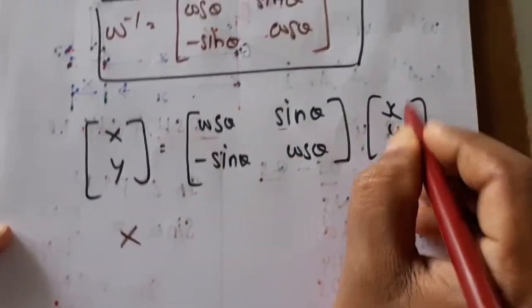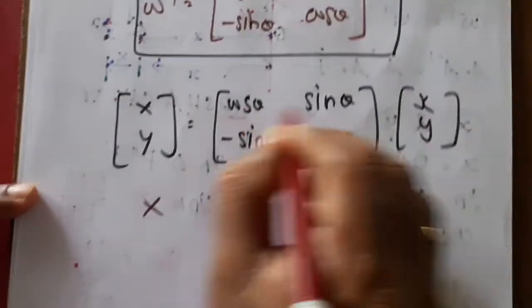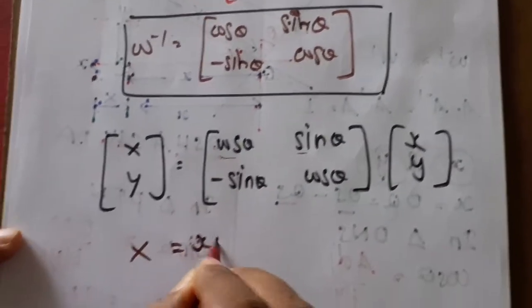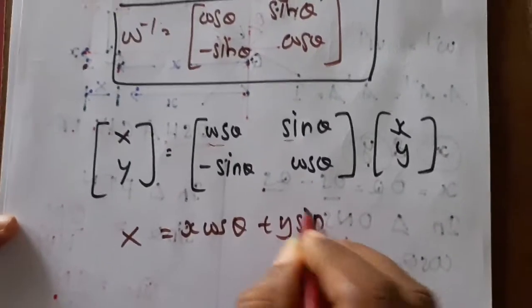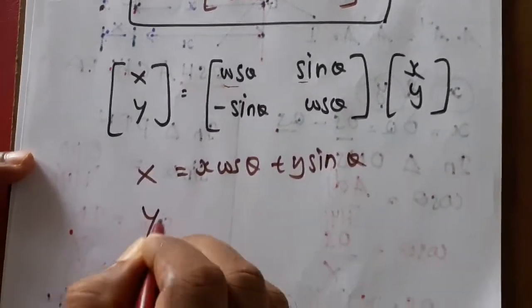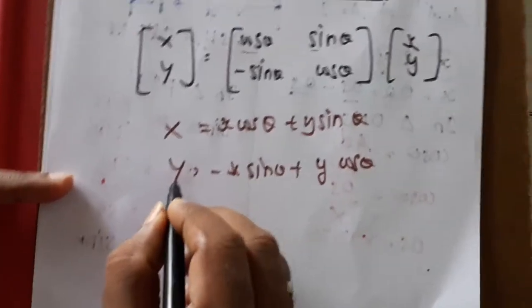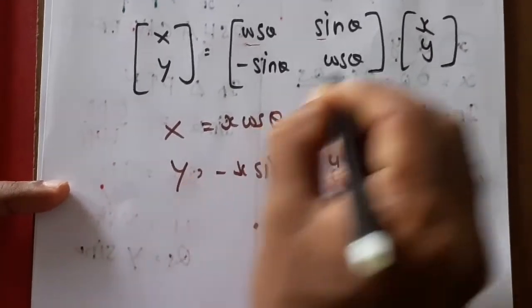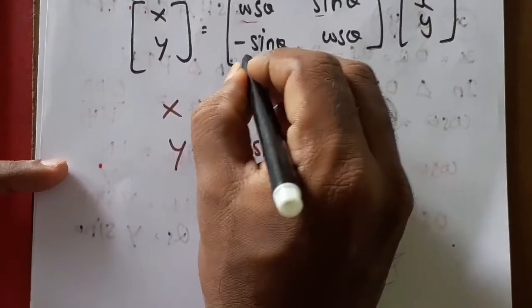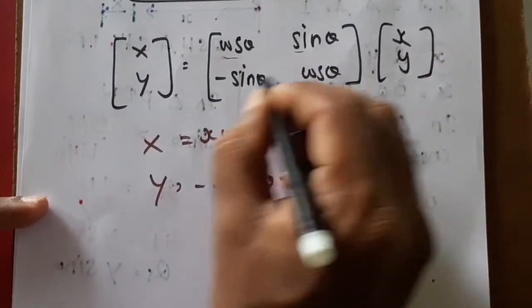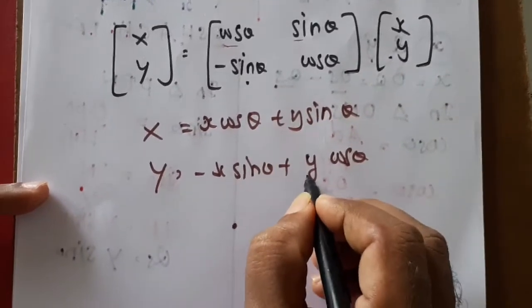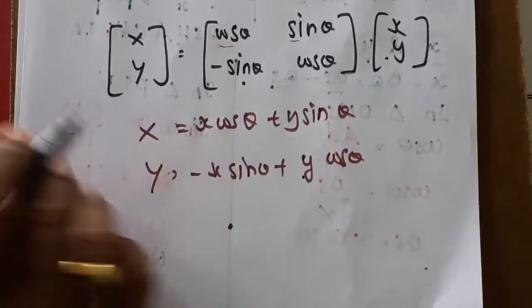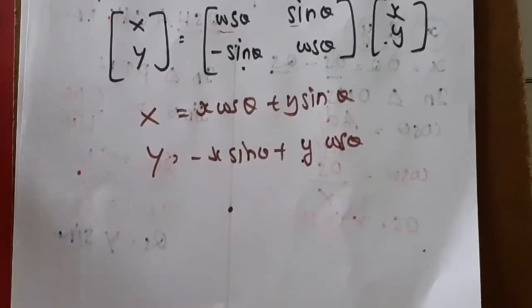First row multiplied with the first column gives x cos theta plus y sin theta. Then capital Y is the second row multiplied with the first column, so minus x into sin theta plus small y cos theta. So we have the capital X and capital Y values.